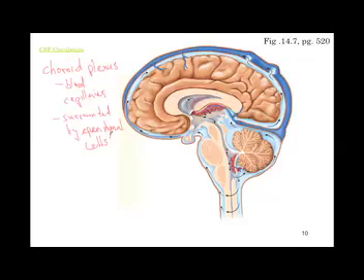So there's 3 places where we find these choroid plexuses. In the lateral ventricles, which are the hollow spaces inside the cerebrum. We find them in the third ventricle, and really it's just kind of an extension of the ones in the lateral ventricle.